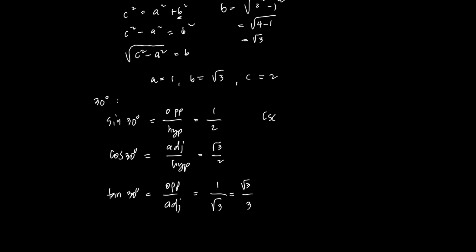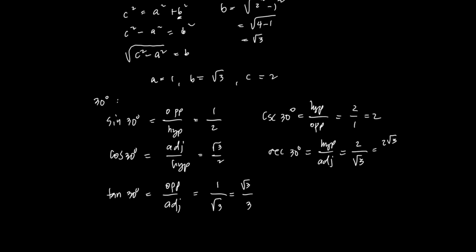Now for the cosecant 30 degrees, that's hypotenuse over the opposite side. That's 2 over 1 equals 2. For the secant 30 degrees equals hypotenuse over the adjacent side, and that is 2 over square root of 3. After rationalizing, that's 2 square root of 3 over 3.